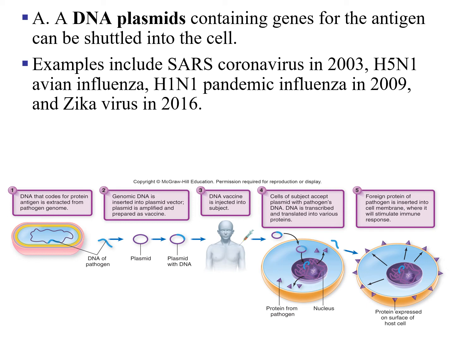Another example is H5N1, the avian influenza virus. Another example is H1N1, pandemic influenza of 2009. Then the last one is the Zika virus of 2016. All of these vaccines were created using this DNA plasmid methodology.